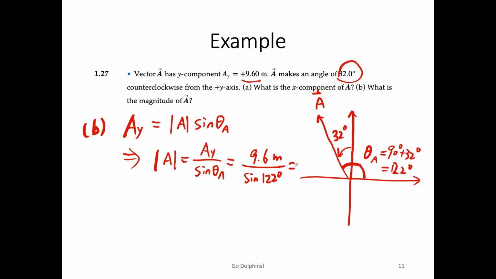If you plug in the numbers, it should be 11.3 meters. Okay, we found the magnitude of vector A. Now it becomes easy.